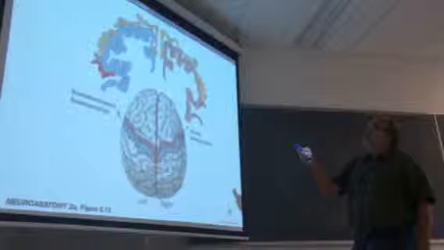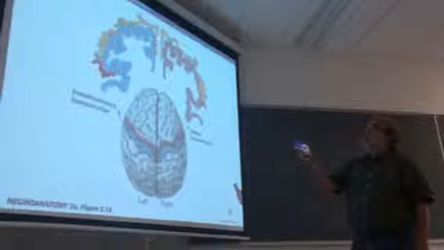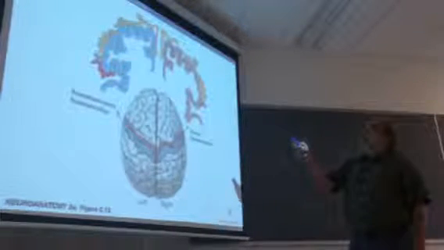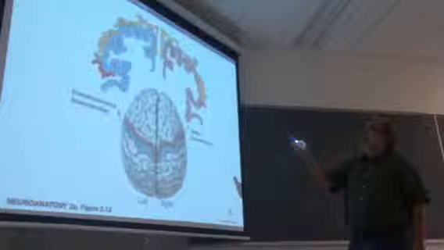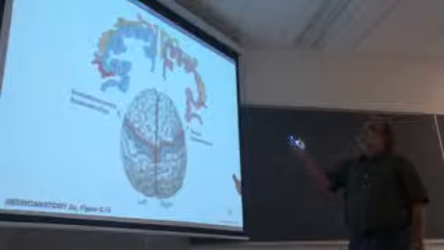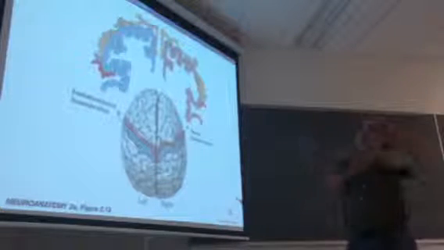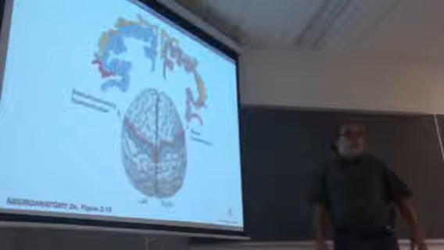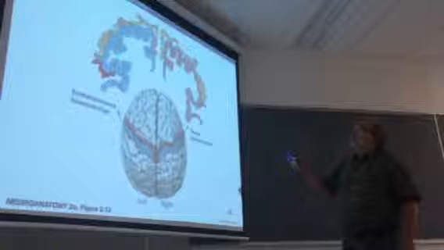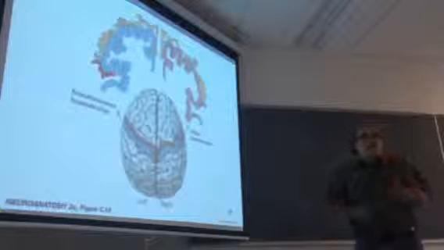Here we have your genitals, your foot, your ankle, your thigh, your knee, calf, thigh, knee, torso, upper arm, forearm, wrist, hand, thumb. So that wraps around the superior part. Come on down, we now have the face.